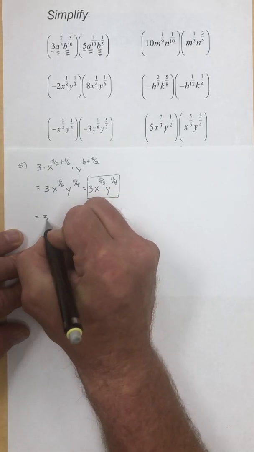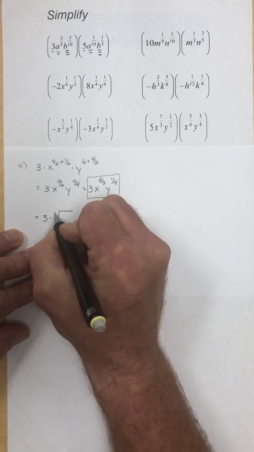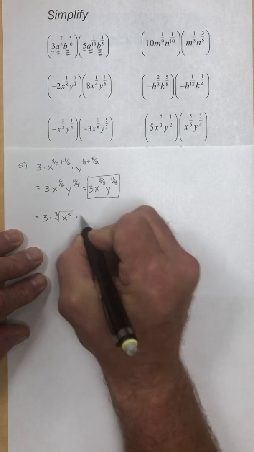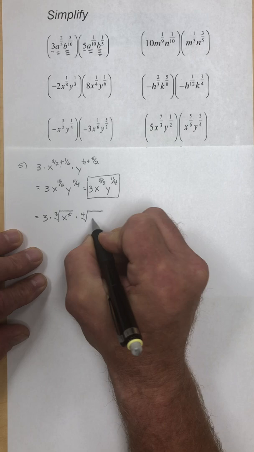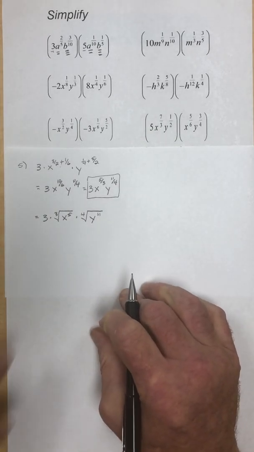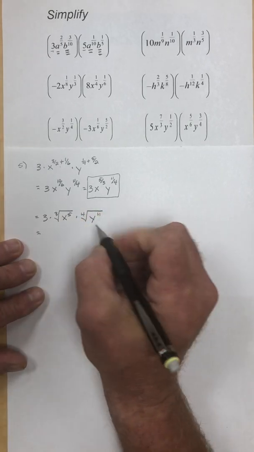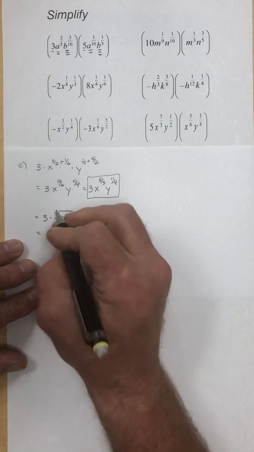So this would be 3 times the cubed root of x to the 5th times the 4th root of y to the 11th. Notice how it starts to get muddy because the index numbers are different. I need a cubed root, so I need x cubed.